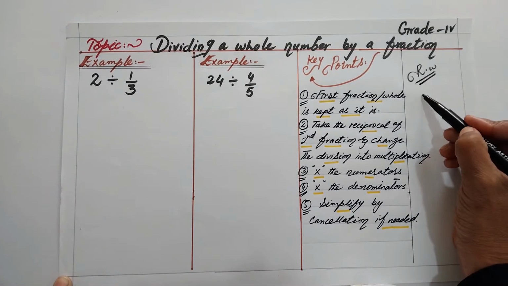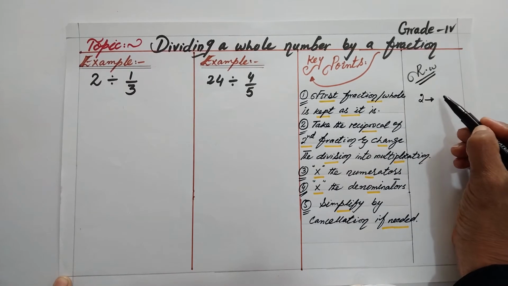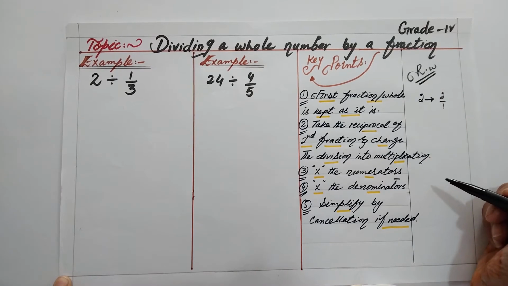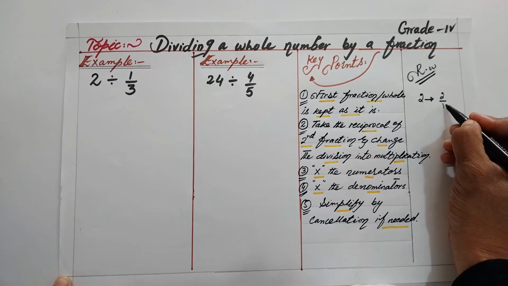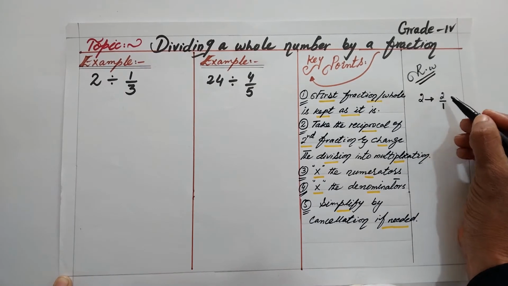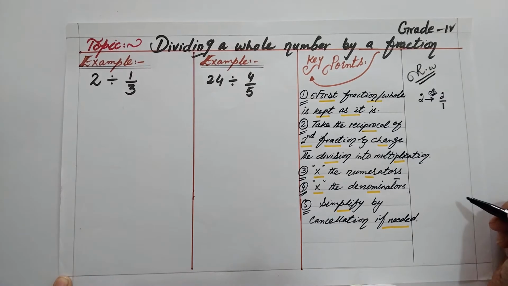If this 2 is a whole number, we can also write 2 as 2 over 1. Why? Because if we take 1 as a denominator, this 1 will not affect the value of 2. So 2 and 2 over 1 both have the same value.